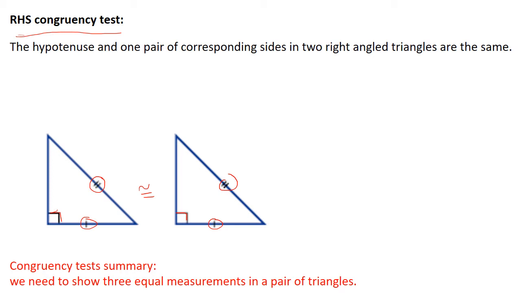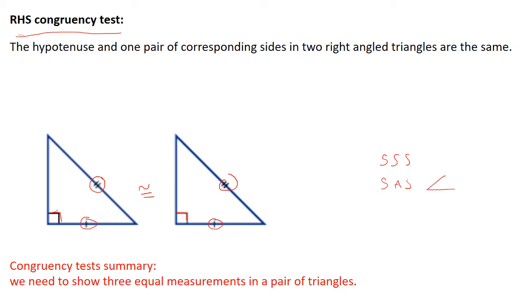So let's quickly pause the video and see if you can list the four congruency rules. Okay, so our four congruency rules are our SSS rule, where our three sides are the same, or our SAS rule, a side and then an included angle and a side are the same. Now with SAS we need to take care.